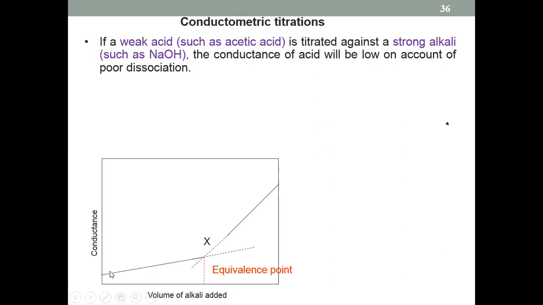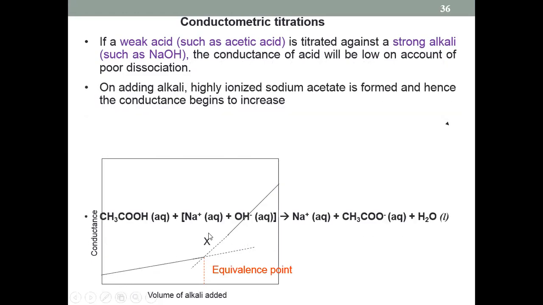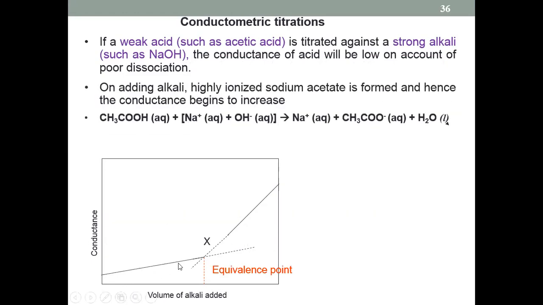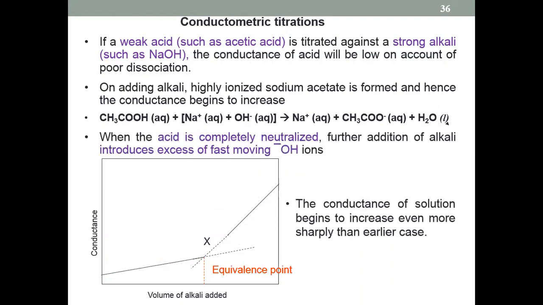I have corrected it now: it will not start from the origin, it will start from the y-axis with some intercept, but of smaller magnitude because it's a weak acid. Then there is a slow increase first and then a sharp increase due to the addition of NaOH. So that's just a correction to one of my previous videos.